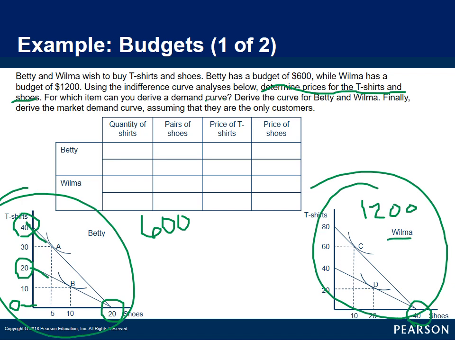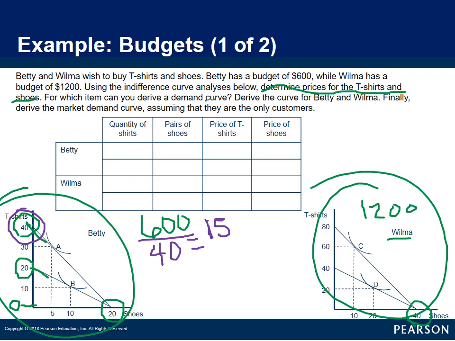So for the first price of t-shirts, if Betty spent all of her money on t-shirts, we can see that she would be able to buy 40 t-shirts at that first price. So if we take $600 and divide that by 40, we will see that that is 15.